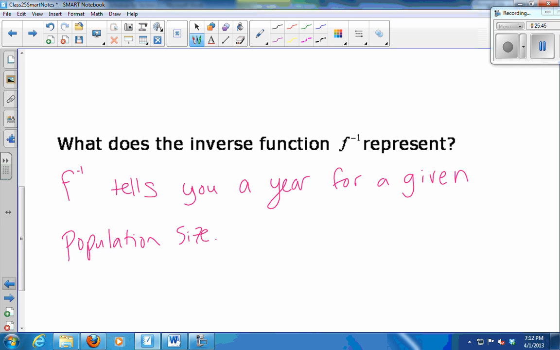So it takes population size as its input and outputs the assumingly only year that that population occurred.